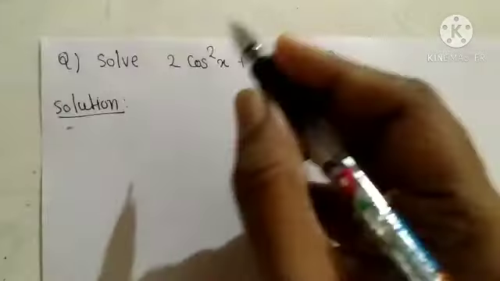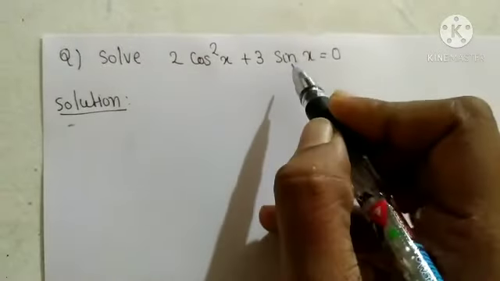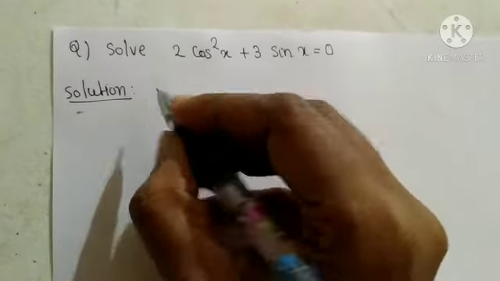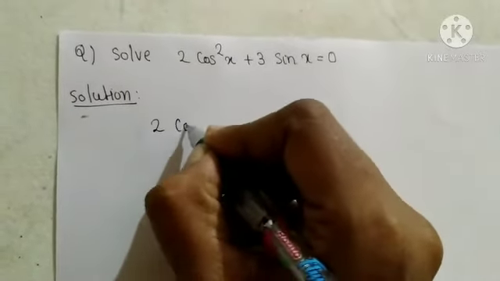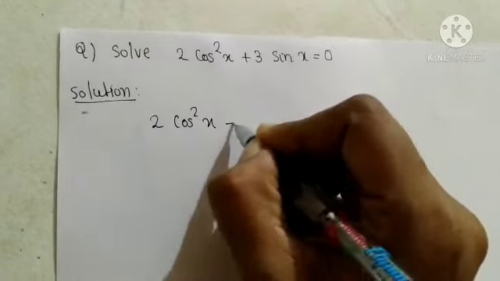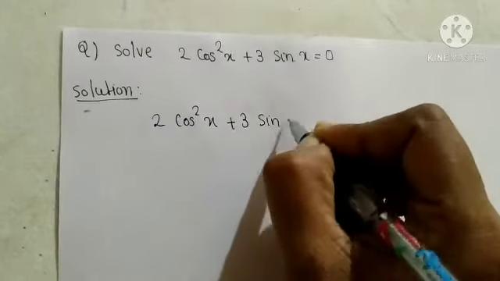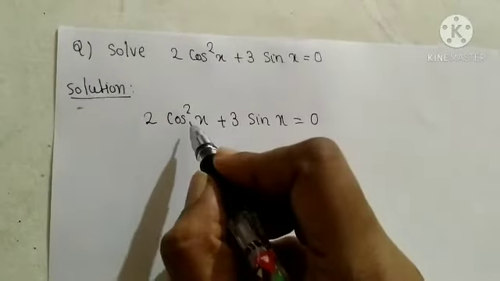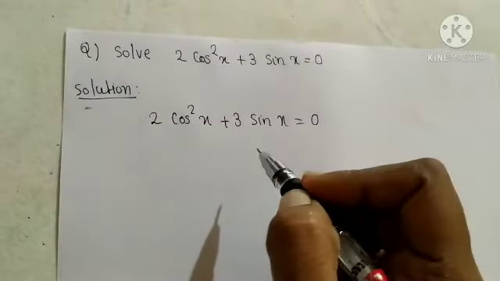This is our next question. Solve 2 cos²x plus 3 sin x equals 0. So let's start the solution. Given that 2 cos²x plus 3 sin x equals 0. Next I am going to convert this cos²x in terms of sin²x.